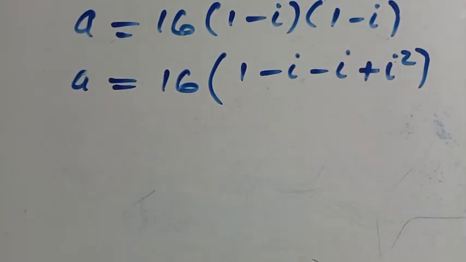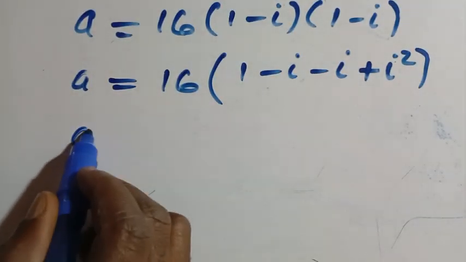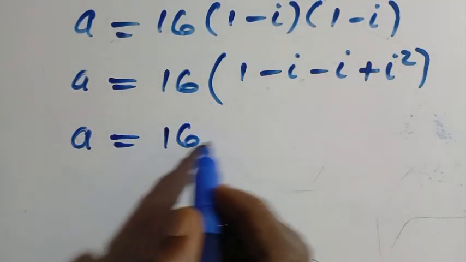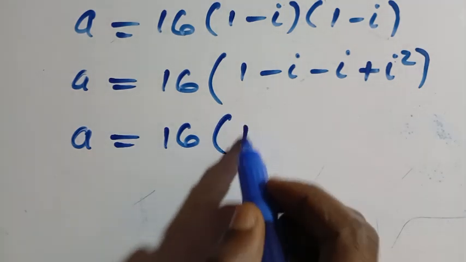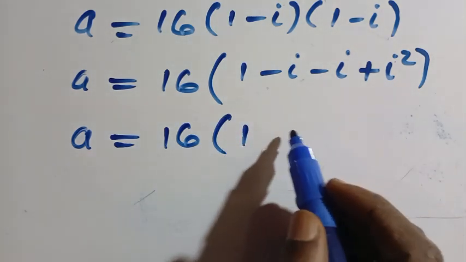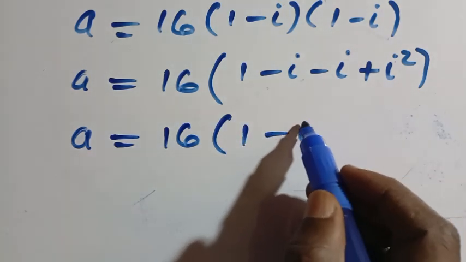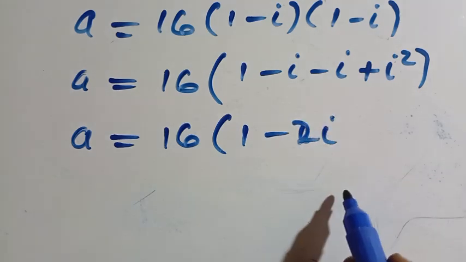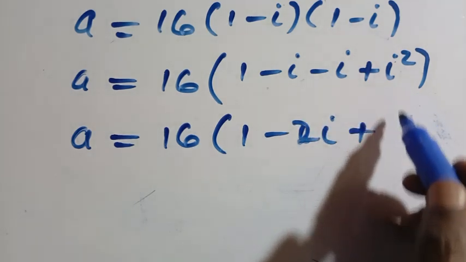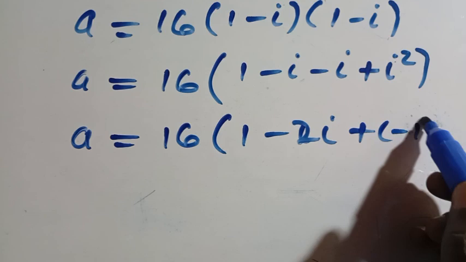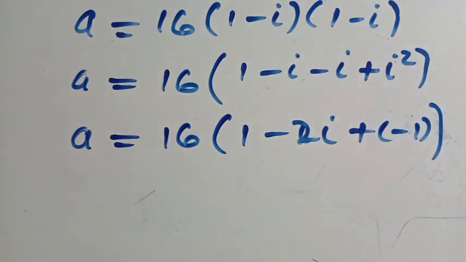So getting to this, we have our a equals 16 into bracket of 1 minus 2i plus, and i squared here, we consider it as minus 1. So we have applied it above. Then from here, we are going to cancel 1 and minus 1.